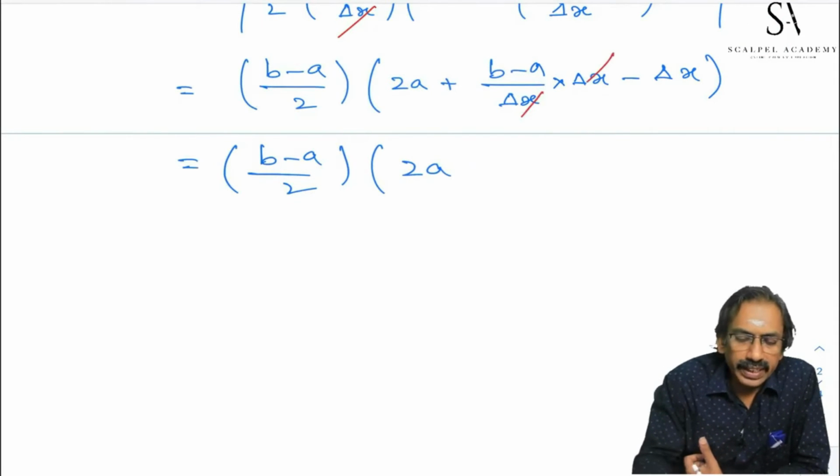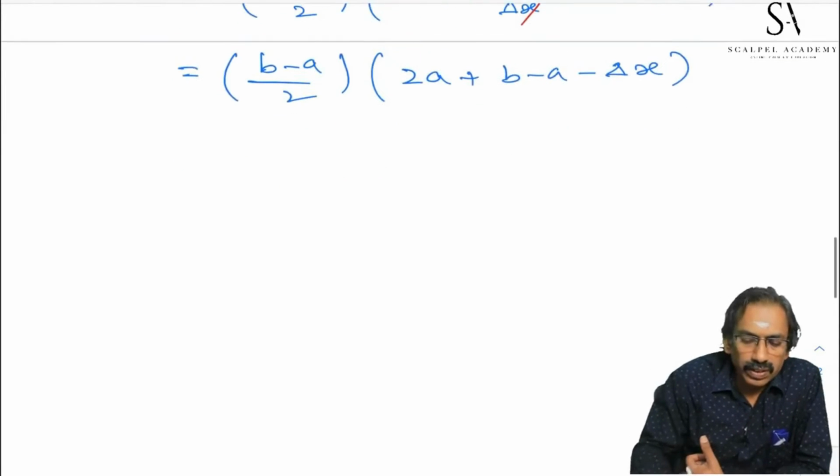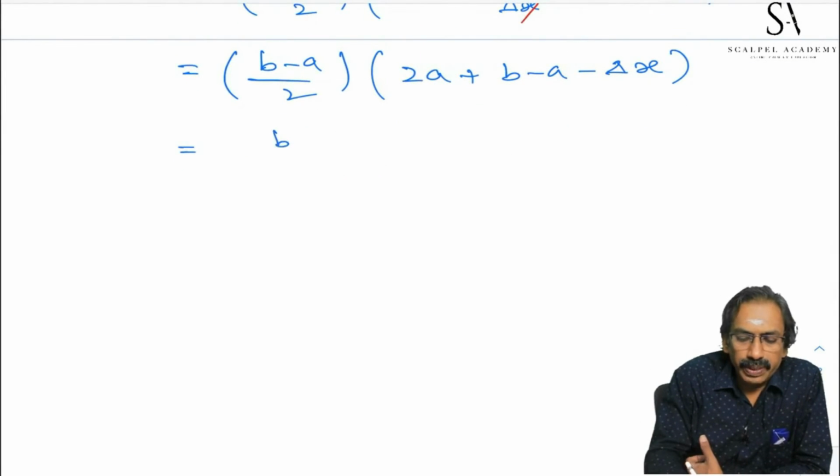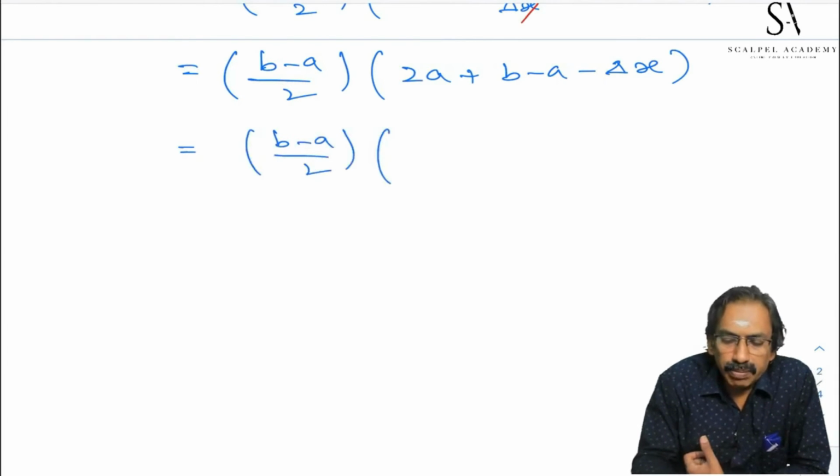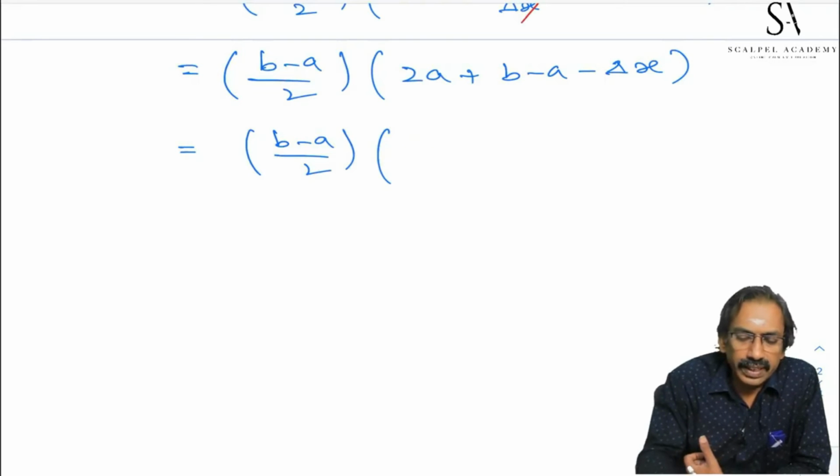The remaining we will get as b minus a minus delta x. That is equal to (b minus a) by 2 into (2a plus b minus a minus delta x), that is (b plus a minus delta x).